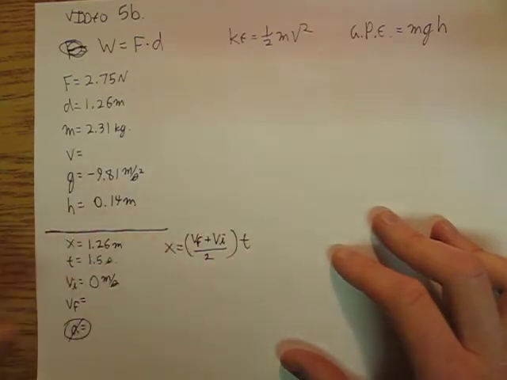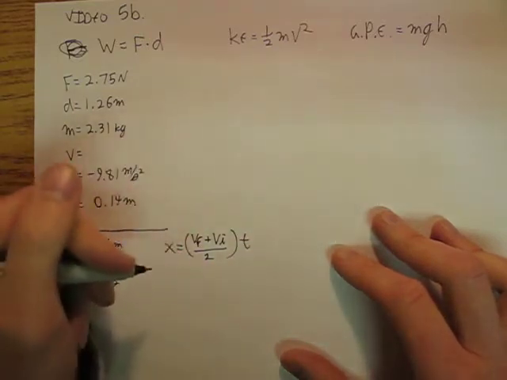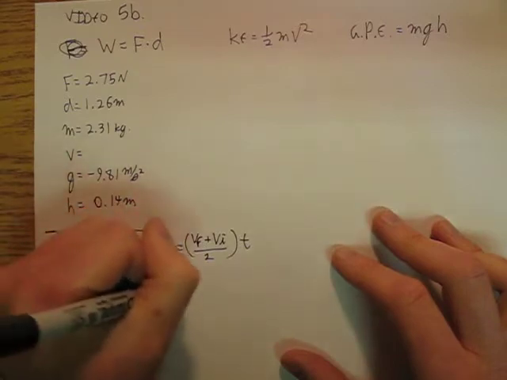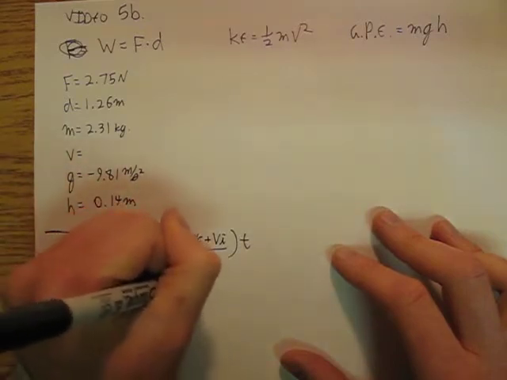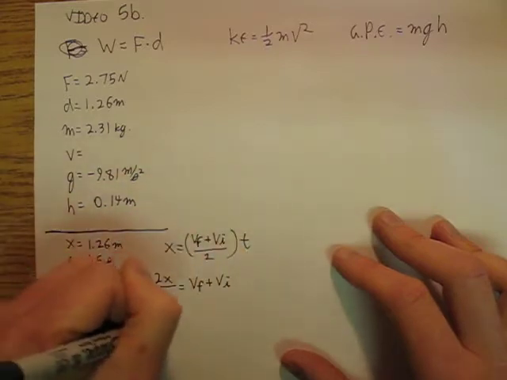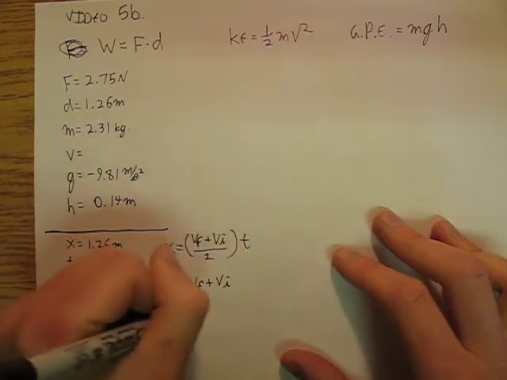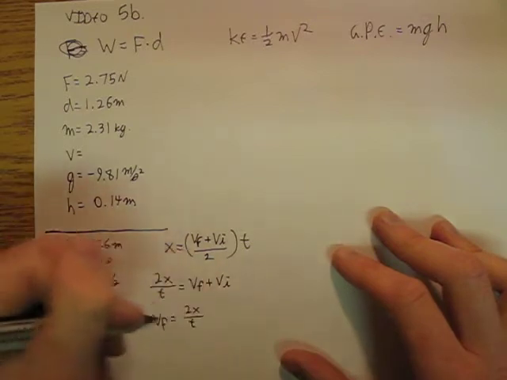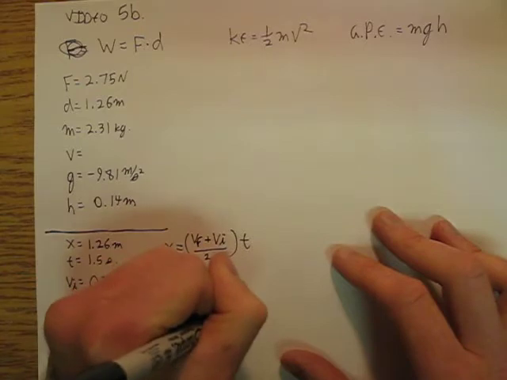Okay, so what we can do is use x equals (vf plus vi) divided by 2, times t. We can rearrange that so that 2x divided by t is equal to vf plus vi, and so vf is going to be 2x divided by t minus vi.